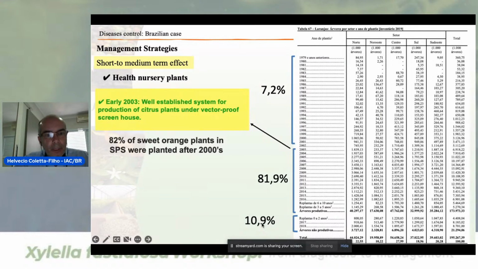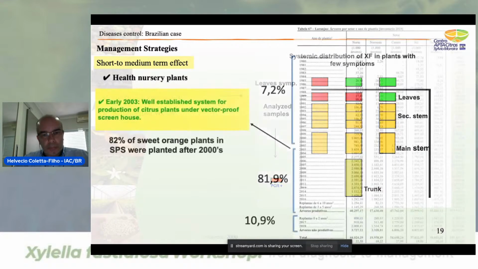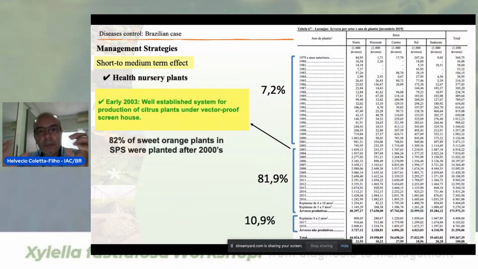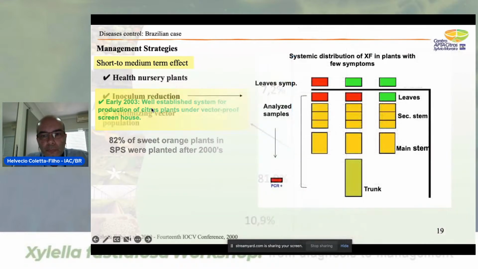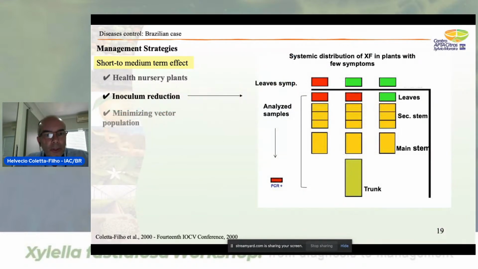Just keep in mind that basically all the plants in the field here in São Paulo State nowadays came from the certified nursery program.